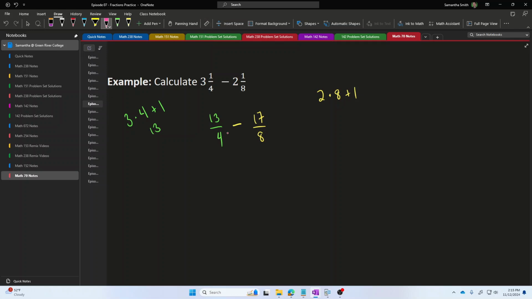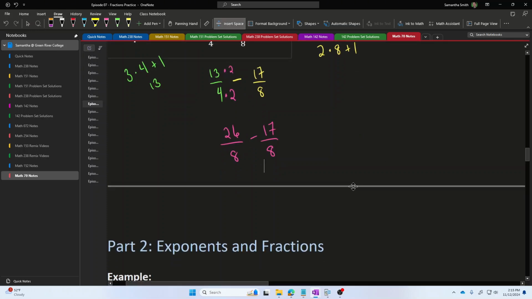Now, they don't have the same denominator right now, so I cannot perform this subtraction as written. But I'm going to modify the slices in the first fraction so that they are the same size as the slices in the second fraction. So I apply a 2 to the numerator and the denominator of the first fraction.